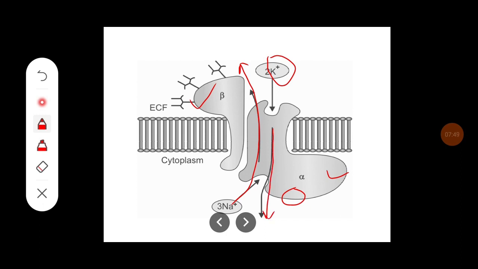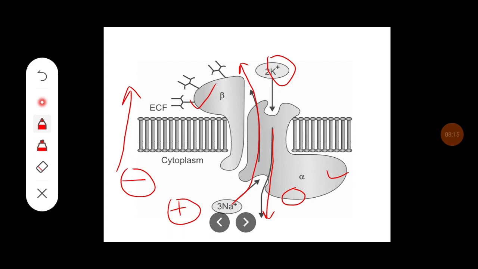So there is a net loss of 1 positive ion inside the cell, and that is how the sodium potassium pump increases the negativity inside the cell. With the net loss of 1 positive ion, there will be movement of water also from intracellular to extracellular fluid.